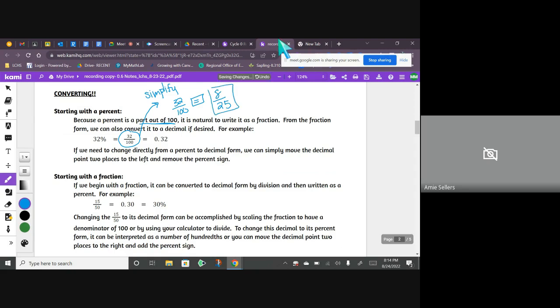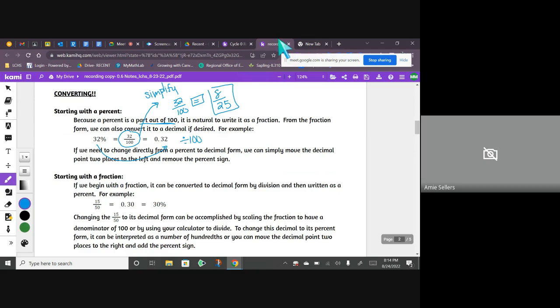In order to convert it to a decimal, I think it is easiest to first change it from a percent to a decimal, and you can do that by dividing by 100.